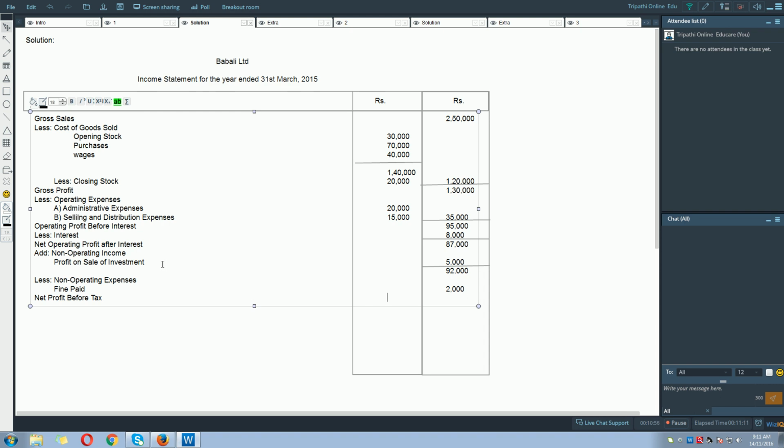So we will get net profit before tax, which is 90,000.